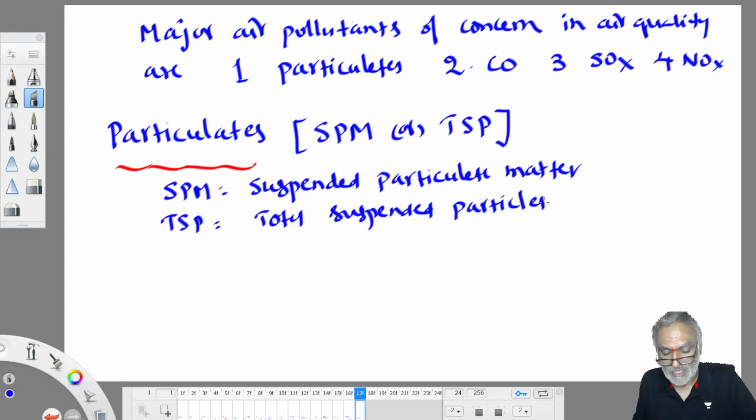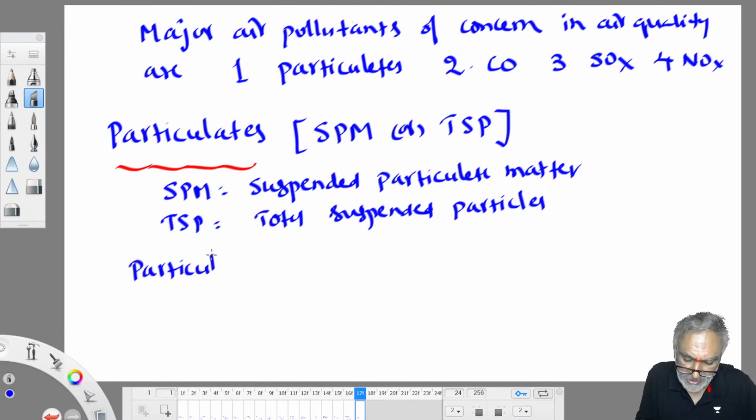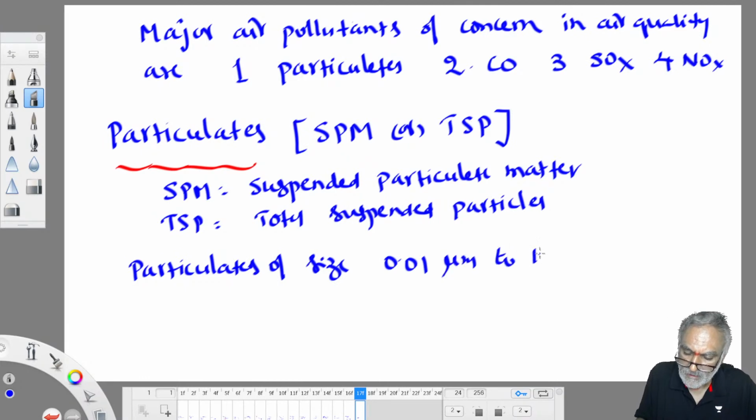They are present either in liquid form or solid form. Particulates of concern in air quality studies usually range in size from 0.01 micron to 100 micron, and these are dangerous air contaminants.